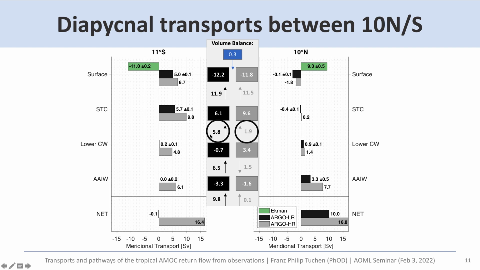When you look at the low resolution result, that is quite similar to what has been mentioned by Römmich in 1983, but the high resolution product shows only about a third of the same value. So it seems like the resolution also plays a role for the diapycnal transport, and this is definitely something that has to be mentioned when doing these STC estimates.